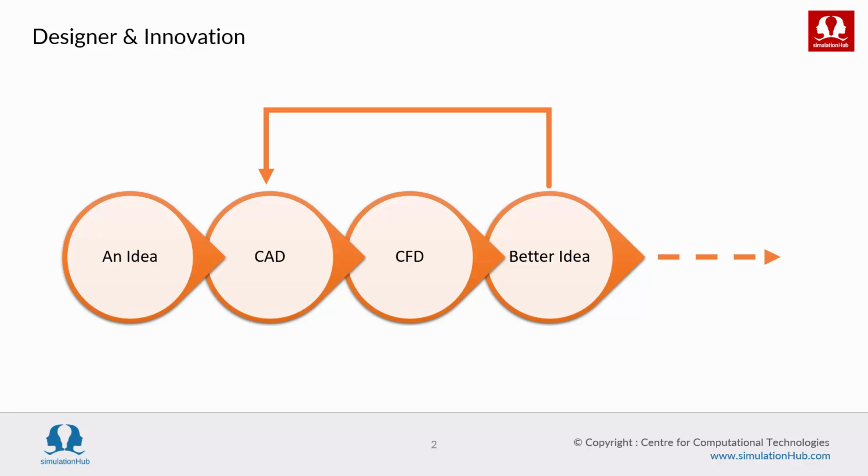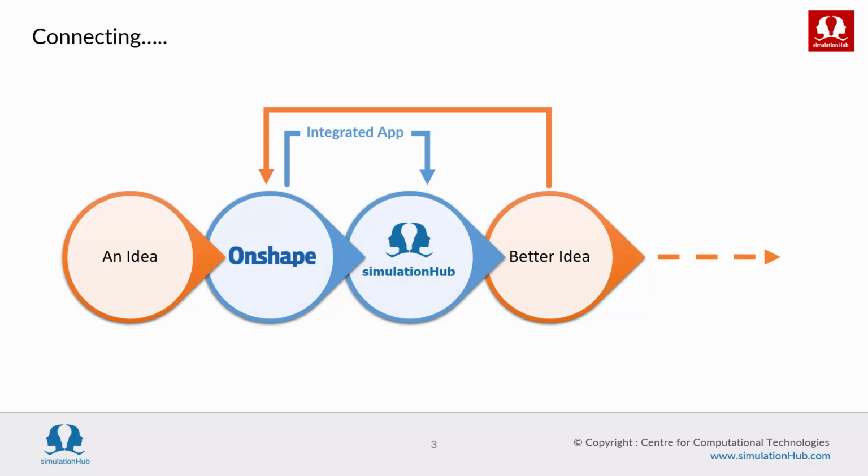Simulation Hub is a cloud-based CFD app which gives the power of CFD simulation to the designer. So in order to give complete power to the designer, we have integrated Simulation Hub with Onshape so that he can create a CAD model on Onshape and then evaluate the performance of the CAD model or his design using Simulation Hub.